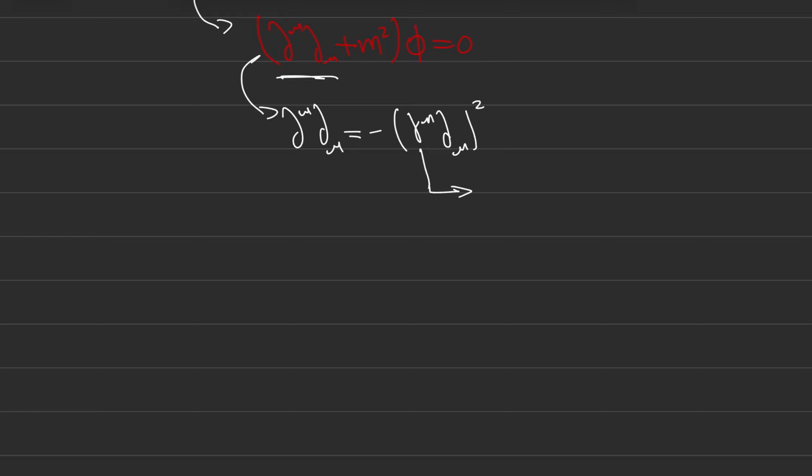The first thing to note is that they cannot be ordinary numbers, because all scalars commute, and you basically get the same thing back. So they have to be matrices.